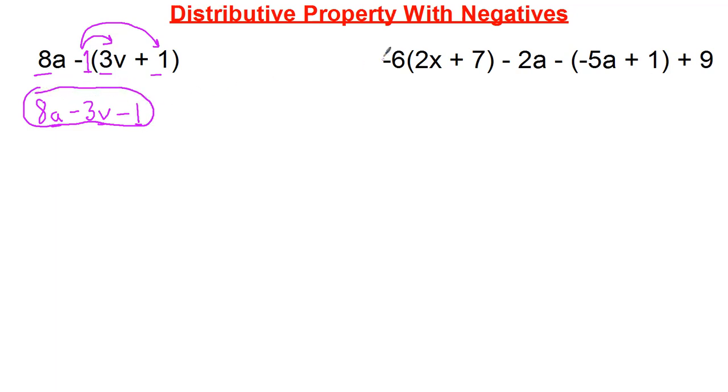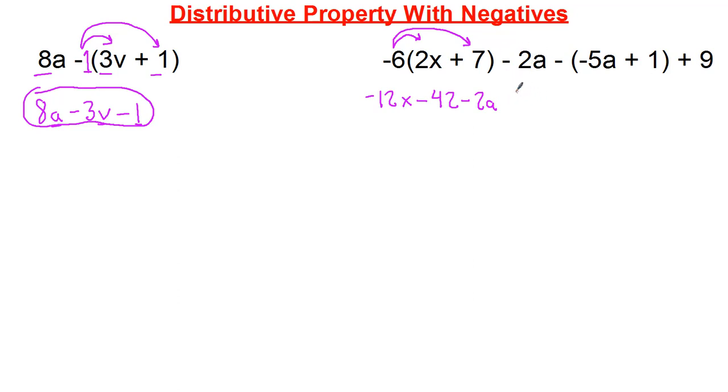Okay? Let's do this again. Looks like we have x's and a's here. Negative 6 times 2 is negative 12. Add the x. Negative 6 times positive 7 is negative 42. Okay? The minus 2a is just there by itself. It doesn't have any parentheses or anything, so I'm not going to do anything with it.